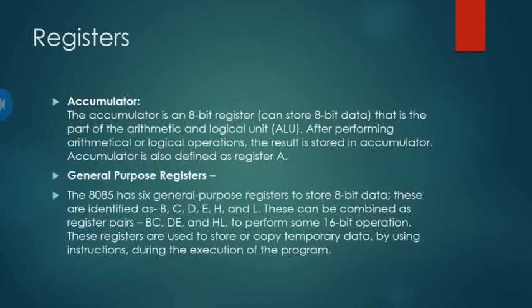So these 6 registers are also used in 8085: B, C, D, E, H, L. These can also be combined as register pairs. B, C, D, E, H, L are a total of 6 individual registers.